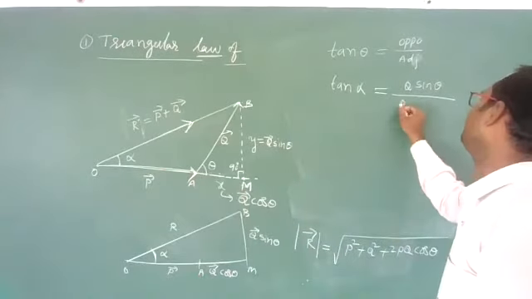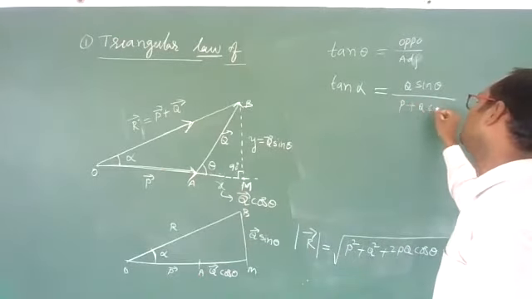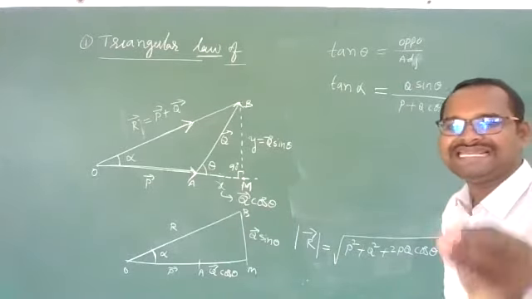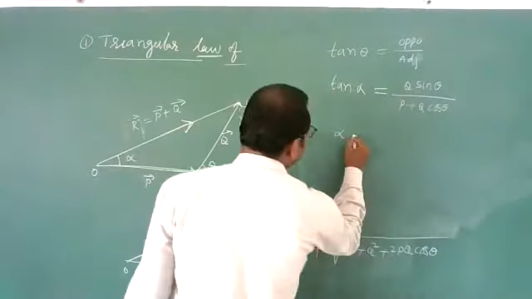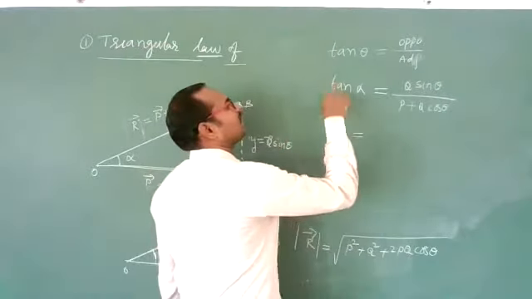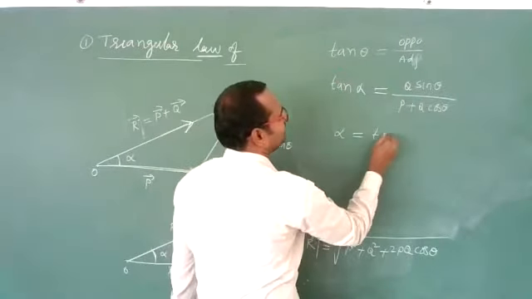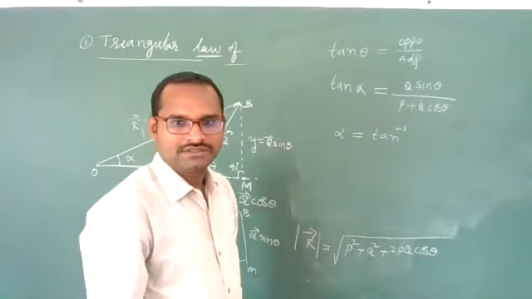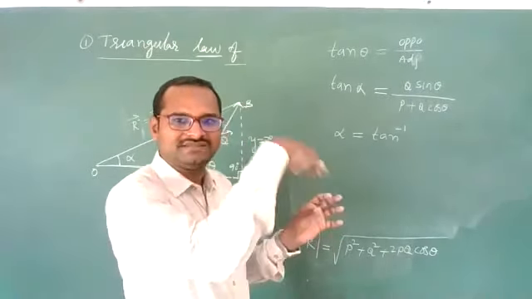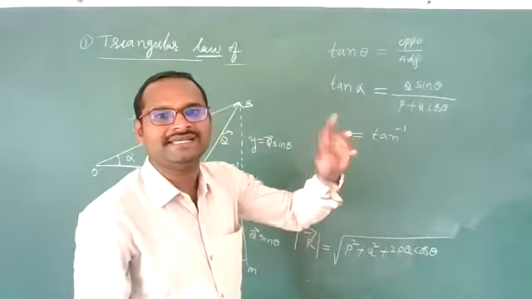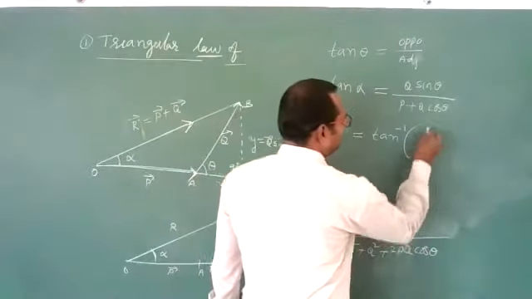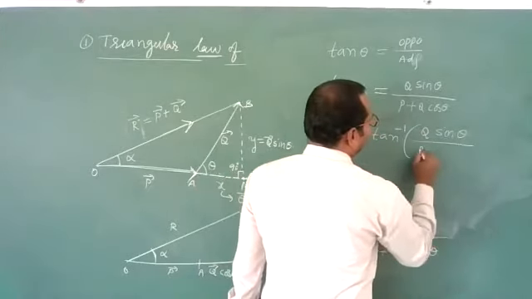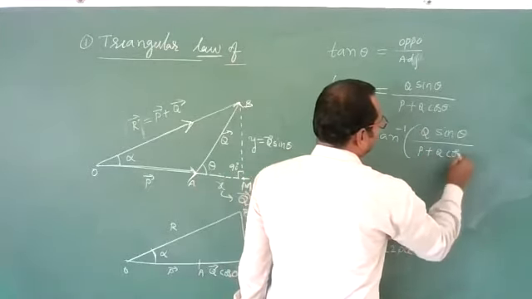If you want only the angle, then you can write alpha is equal to, tan you send to that side, it will become tan inverse. Remember this point. It will become tan inverse of q sin theta divided by p plus q cos theta.